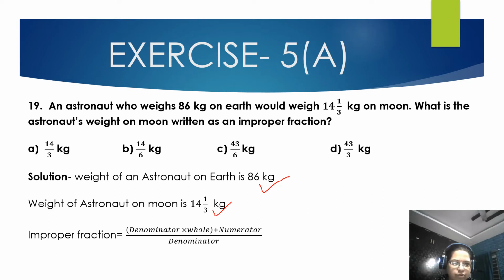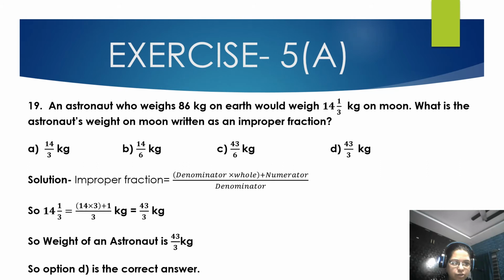We know improper fraction is denominator multiplied with whole plus numerator, divided by denominator.